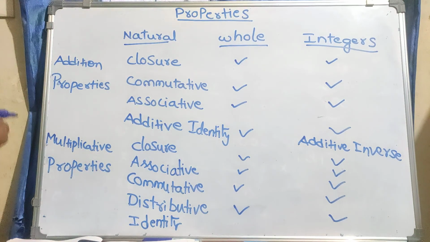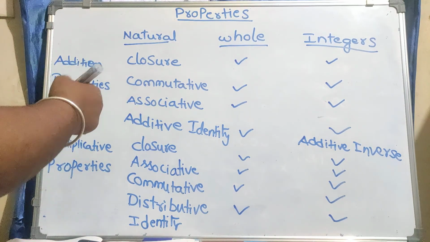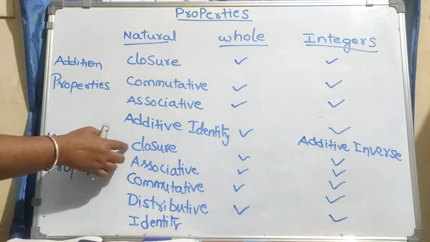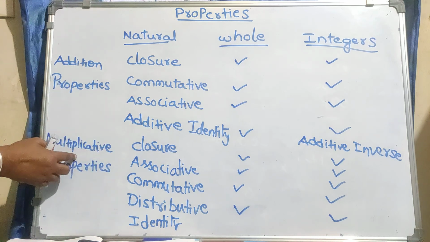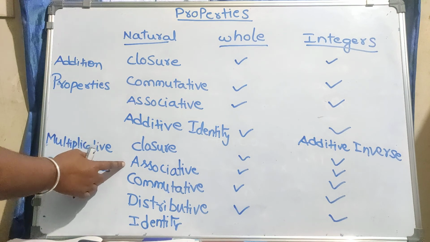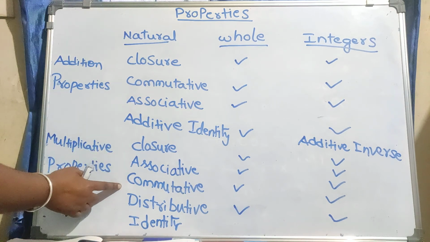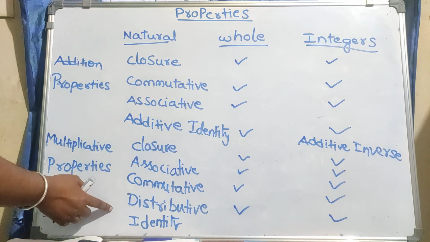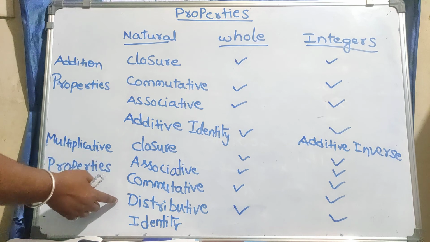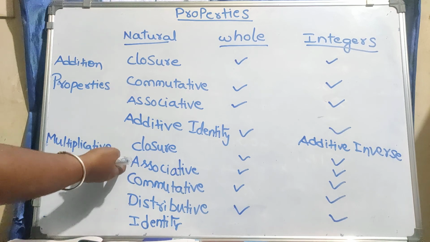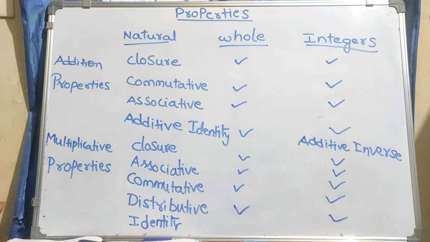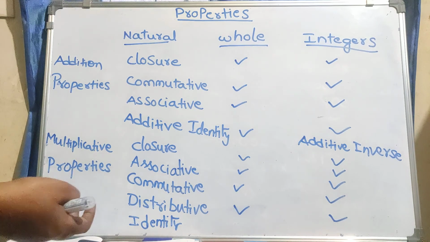The multiplicative properties we have in natural numbers are closure property in terms of multiplication, associative property, commutative property, distributive property over the addition, and identity. These are all 5 properties we have in natural numbers under multiplication.